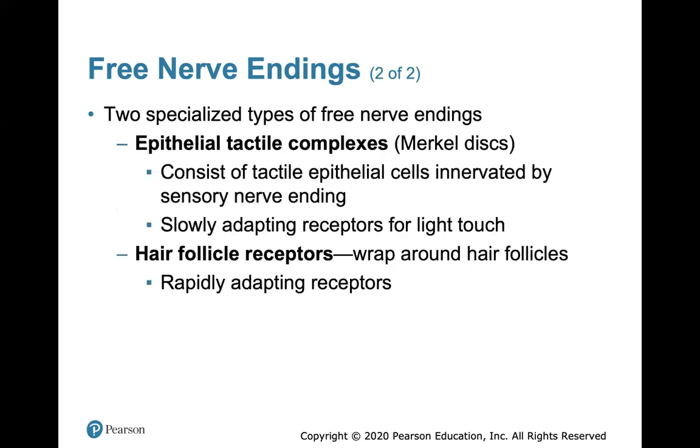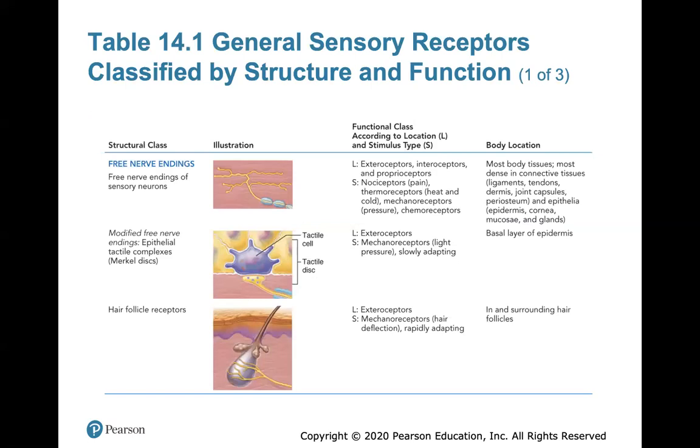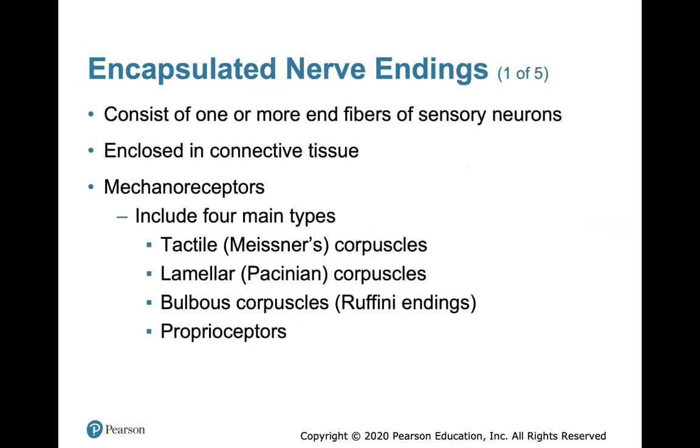And there's two specialized types of free nerve endings like Merkel discs and hair follicle receptors. So here's a look at the general sensory receptors classified by their structure and function. The free nerve endings. Encapsulated nerve endings are enclosed in connective tissue, and these are the four main types.